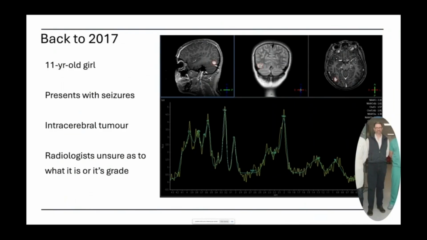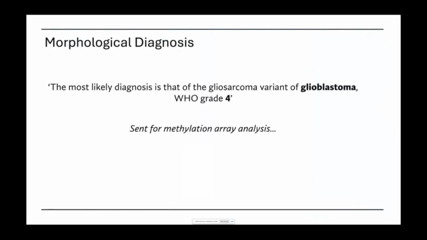He had an intracerebral tumour, and the radiologists were unsure as to what it was, what the grade of the tumour was. And so they carried out further analysis and came up with this diagnosis of a gliosarcoma variant of glioblastoma, which is a grade 4 tumour.